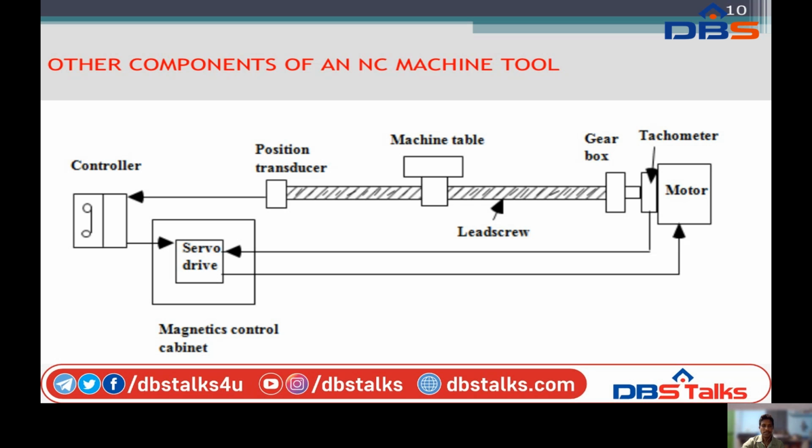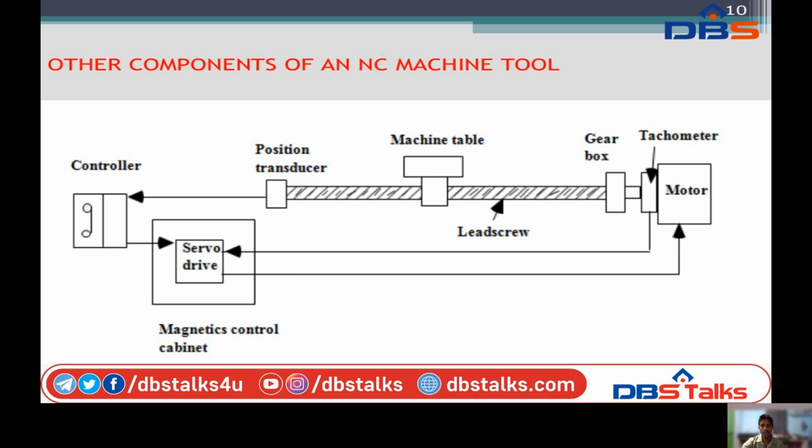Servo drive is a system that moves the system; it consists of gears, etc. The MCU, machine control unit, converts the NC codes to mechanical actions. Here the servo drive will be started. After that, all action will be given to the motor, which is an electric motor.